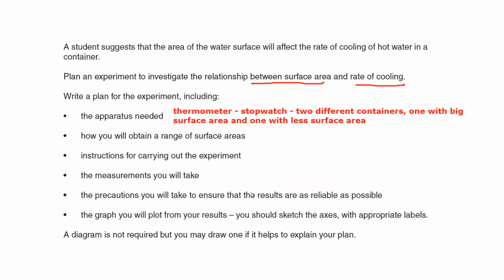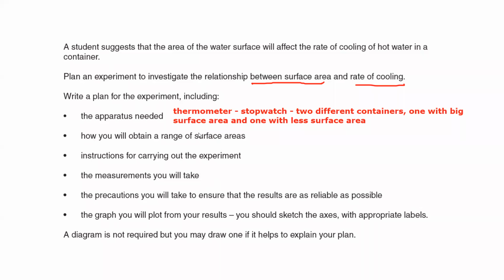How would you obtain a range of surface areas? Like how do you get different surface areas? We'll take a beaker or a container with different widths, different circumference.